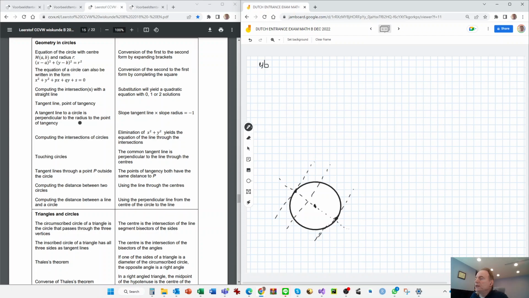So what we have to do is find the expression of this line here. Let's call this L, and where it intersects with the circle. Basically, these are the points of tangency.